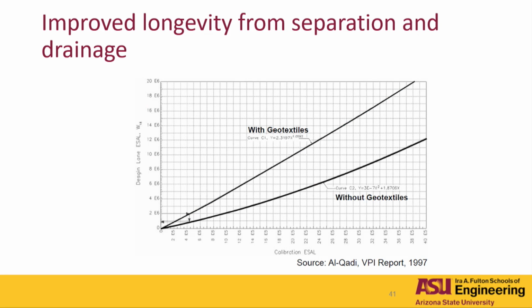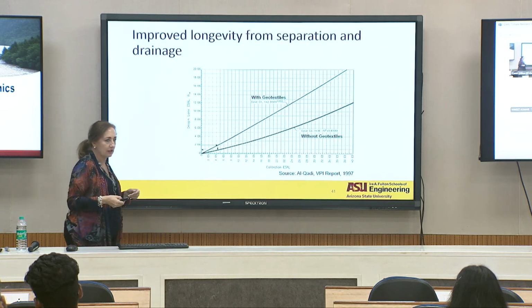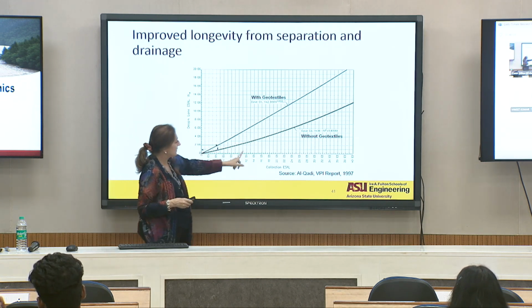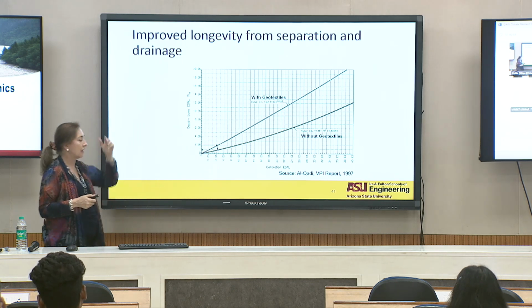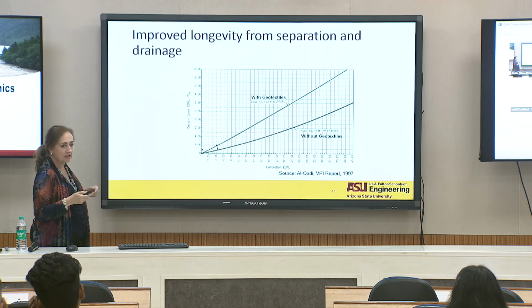Equivalent ESALs means the number of equivalent 18,000-pound wheel loads you can get onto your road. This is the W18 in the AASHTO pavement equation. You can see the benefit: as you have more load, you're going to have more benefit. Courses like this you can find, and papers like that you can find.